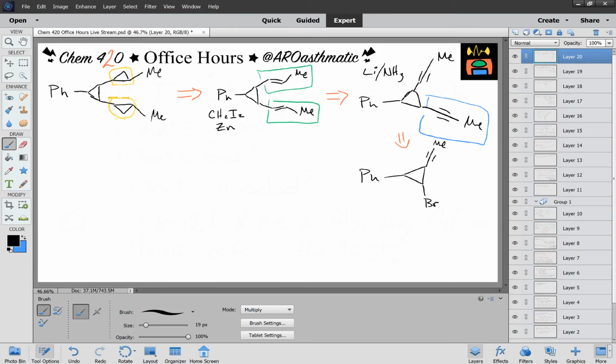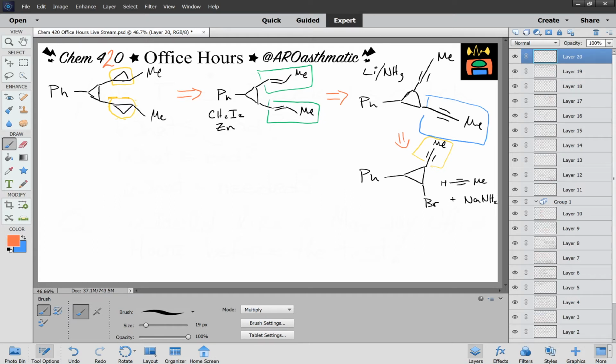We could make this product from bromine and acetylene, not acetylene. Sorry, acetylene is two H's on either side. If we treated this with a strong base, like sodium amide. All right. And we could do the same thing with this alkyne, right?